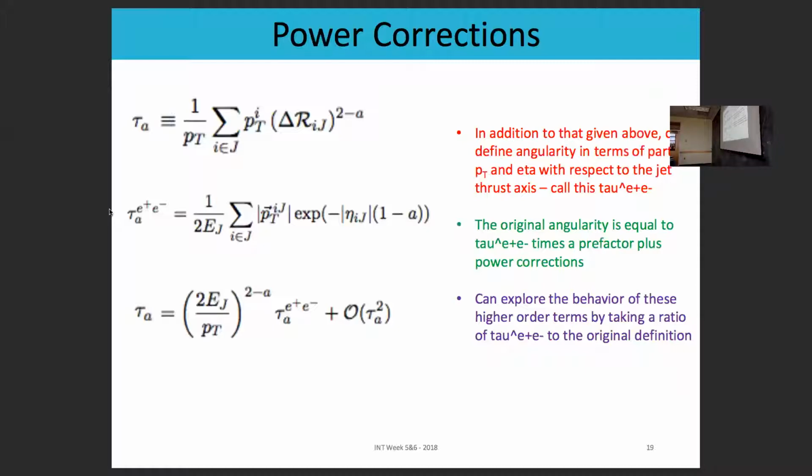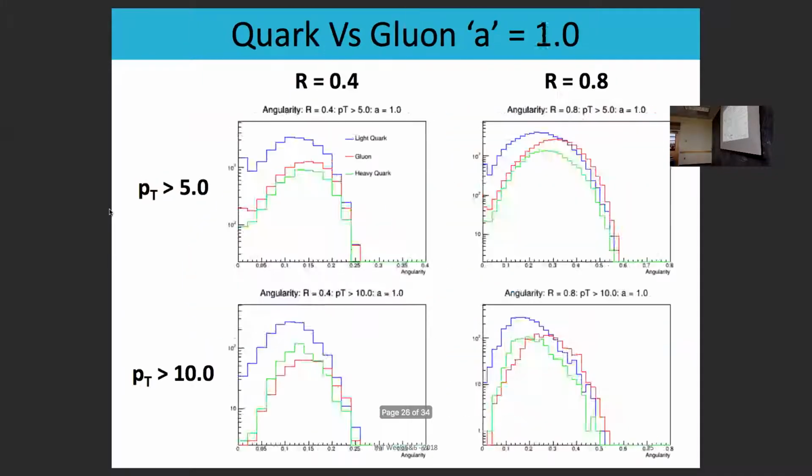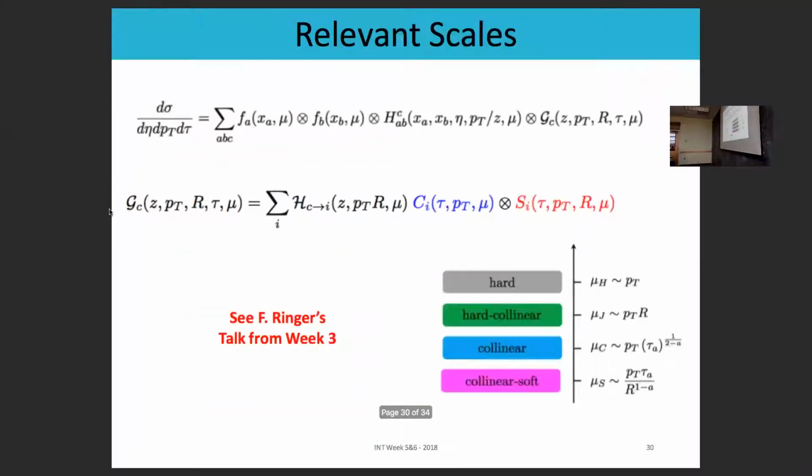Delta R is like the angle of the particles with respect to the jet axis, so that's a small number. So if we're talking about the jet, all these delta R's in the framework here are the relevant scales for the formalism.